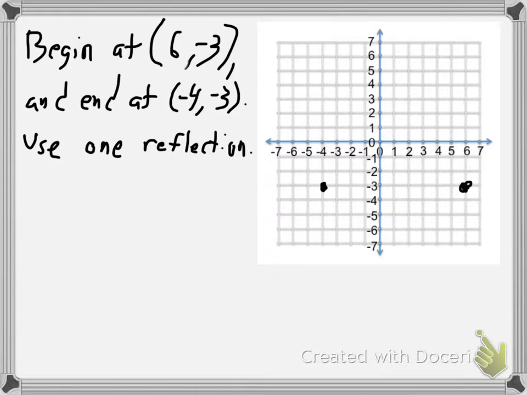So I need to use exactly one reflection. Well, looking at my graph here, I can probably tell that my reflection needs to be over my y-axis. That way I can get over to the left side of my graph. So now I need to decide how I can get over to the left side of the graph.